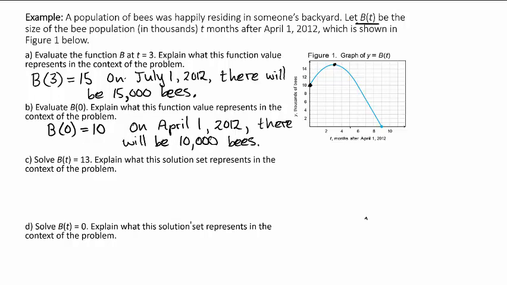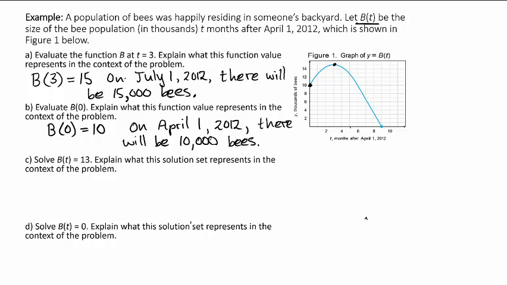So instead of having an input and finding the corresponding output, we have it the other way around, right? So in this case, we're given an output and we need to find the corresponding input or inputs that make this true. It says solve b of t equal to 13 and explain what the solution set represents in the context of the problem.